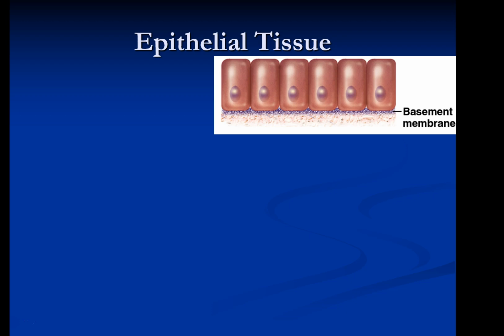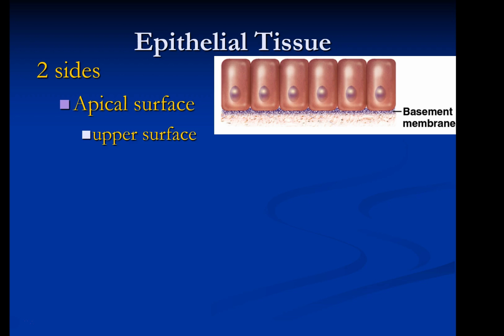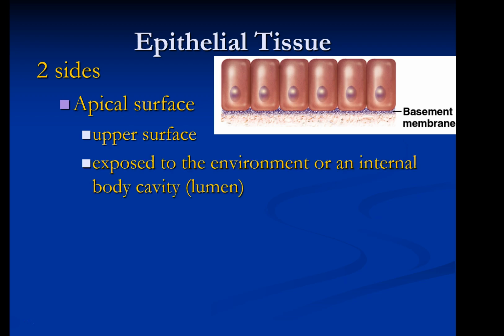All right, so naming these epithelial tissues, they have two sides. Instead of saying top and bottom, they give them different names. They call one surface the apical surface. This is generally the upper surface, or the surface that is exposed to the environment or a body cavity, a lumen.